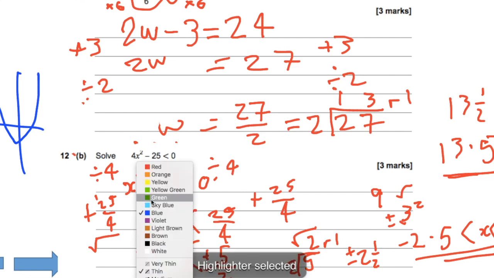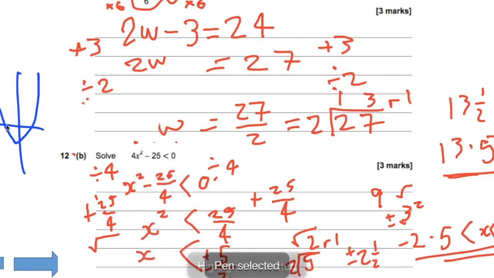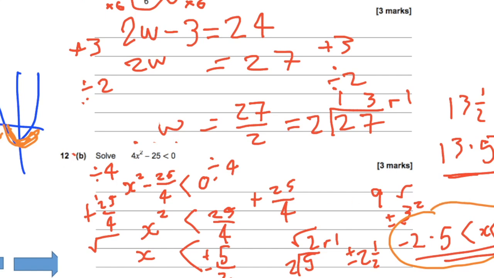So we want to know where on our graph we are underneath the x-axis. We want to know where these points are. And what we're saying is that it is true for this graph when we are between the values of minus 2.5 and 2.5.